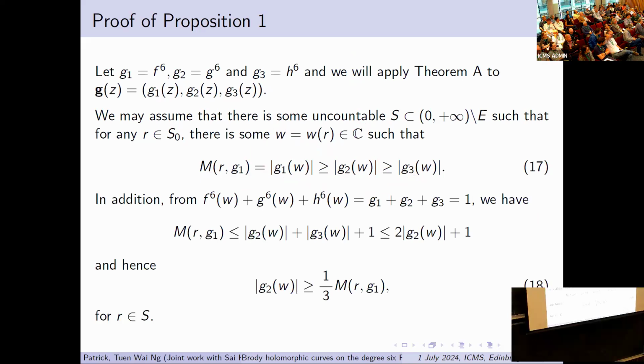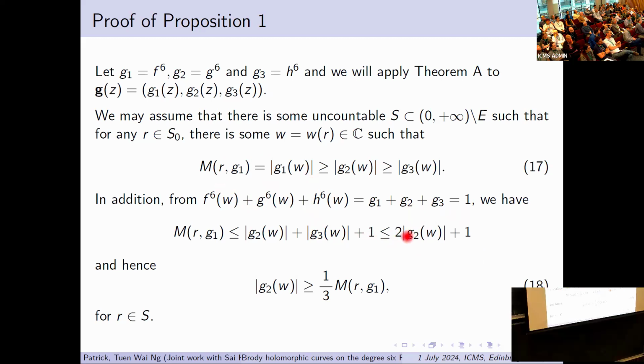Okay. Now, on the other hand, we also have this functional equation satisfied. So those G_i you add together is equal to 1, and you just compute the maximum modulus function for G and apply the triangle inequality. So you will get these simple things here.